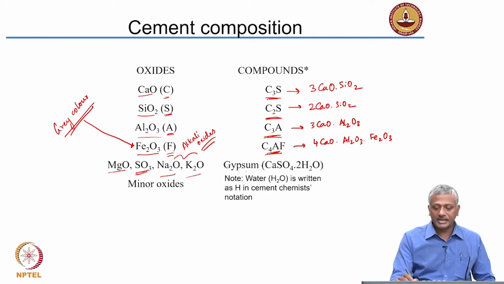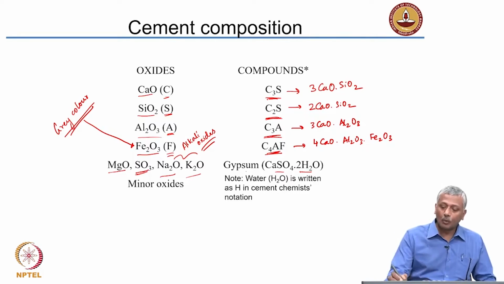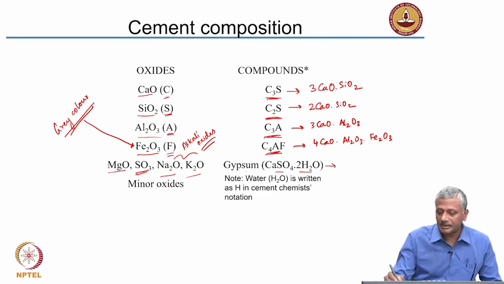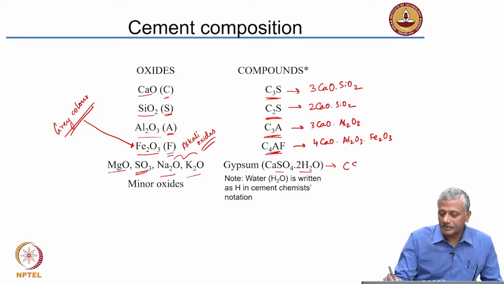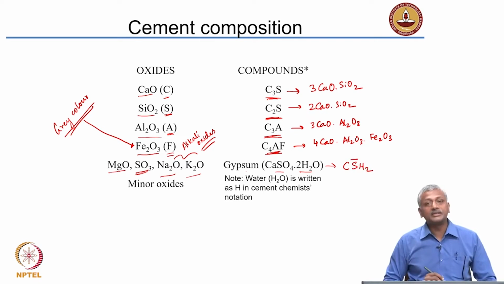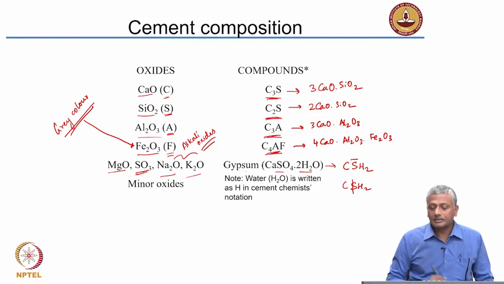Gypsum, as you all know, is calcium sulfate dihydrate, 2H2O. And if you want to write gypsum in the language of cement chemists, you would be writing it as C, S with a bar on top, or sometimes it is written as S with a $ sign H2.